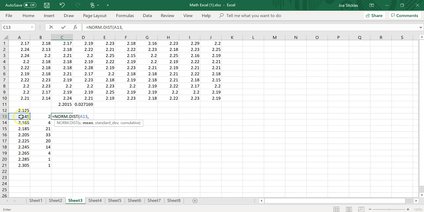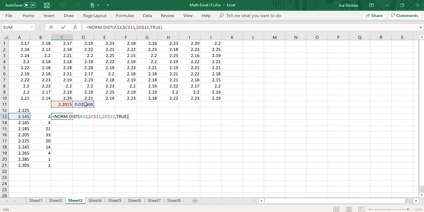The mean is up in C11, and I'm going to make that an absolute cell reference. The standard deviation is up in D11, also an absolute cell reference. I do want cumulative, so I'll make that true. Before I hit enter, I'll go back into it and copy this, because I'm going to use it in the next one.